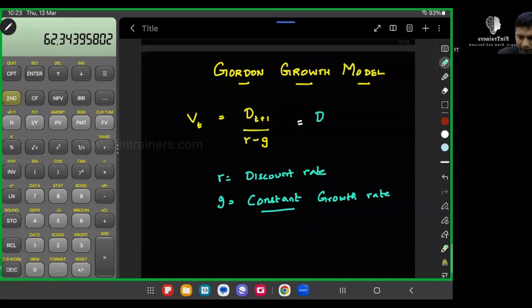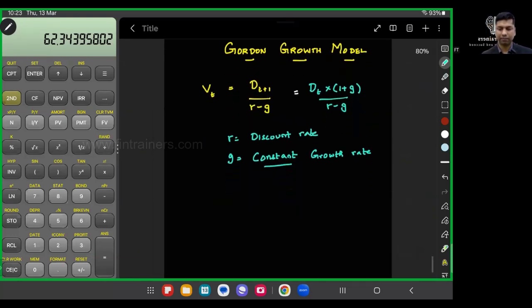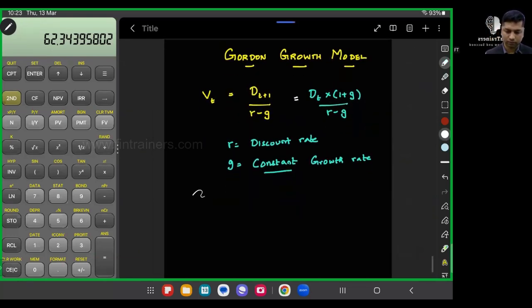If I'm given D subscript T, I will multiply it with the constant long-term growth rate, divided by R minus G. This is at time T. If it is V0, then it will become first year dividend divided by R minus G. If it is third year value, then I will use fourth year dividend divided by R minus G.